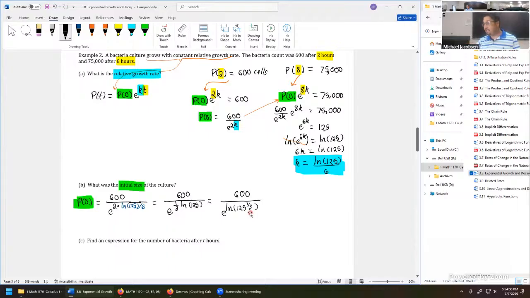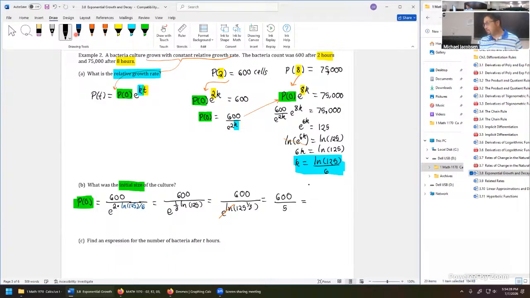Now, the next idea is power 1/3 is just a cube root. And the cube root of 125 is 5. But also the important thought is that's a cancellation finally, but only at that step will they cancel. There can only be a coefficient 1 in front of the natural log for the cancellation to be valid. So now it's 600 divided by 125 to the power 1/3, which is just 5.